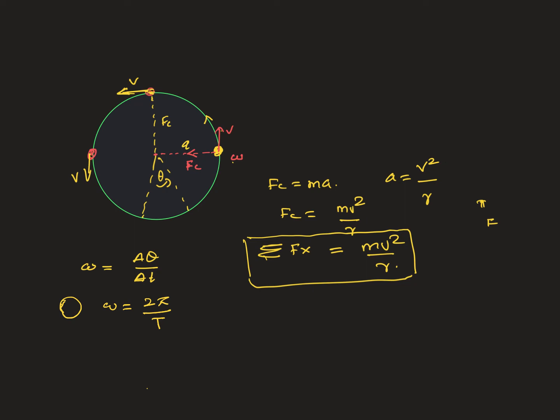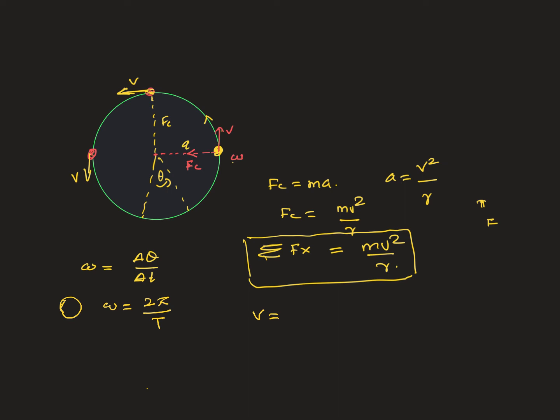Now we find the relationship between v and T. So for velocity, or we should actually use speed, because velocity has a direction, but the speed is constant. So we're looking at the magnitude. The magnitude of the velocity is the speed, because the speed doesn't change in uniform circular motion, but the velocity changes.